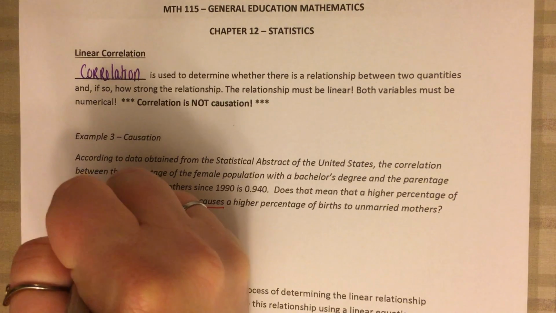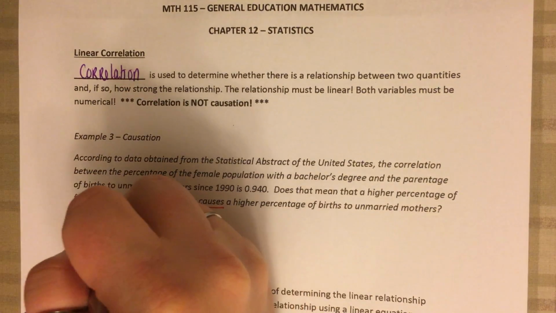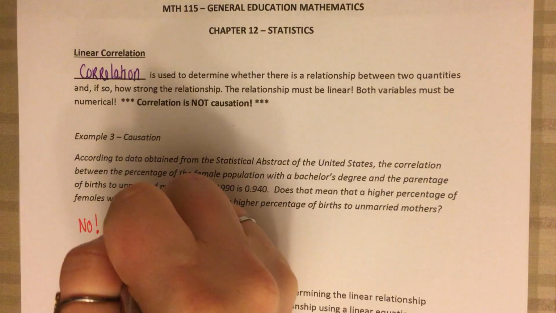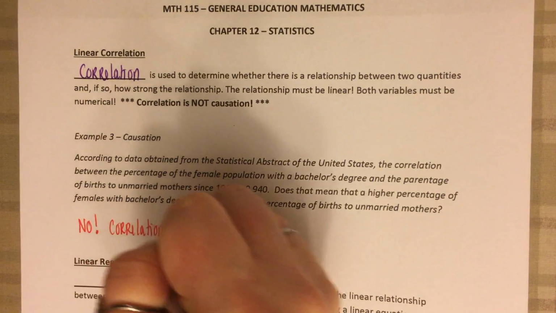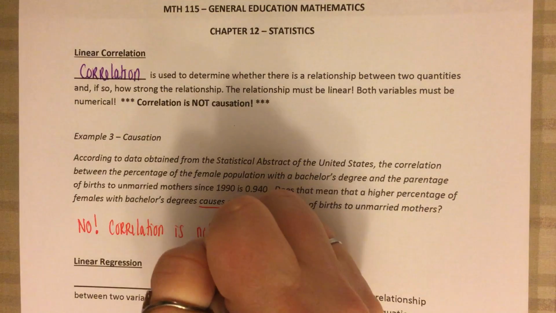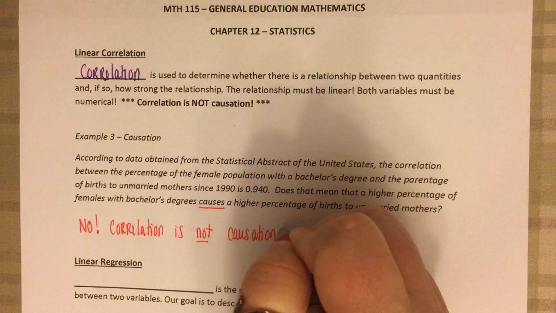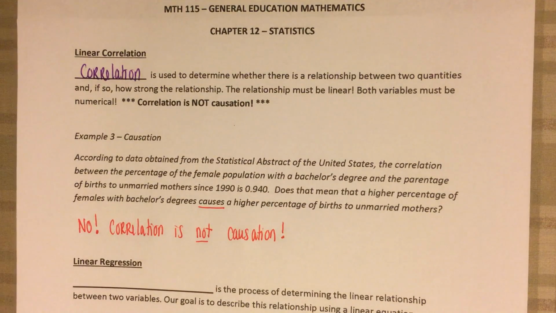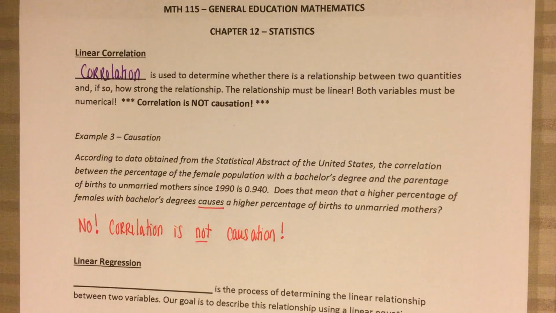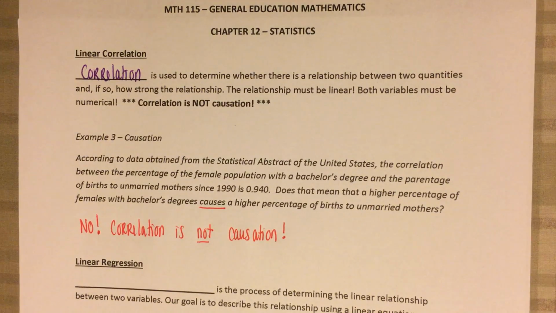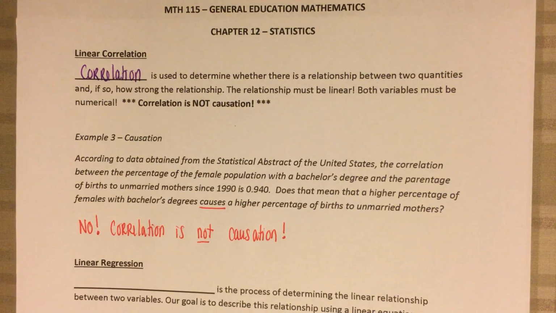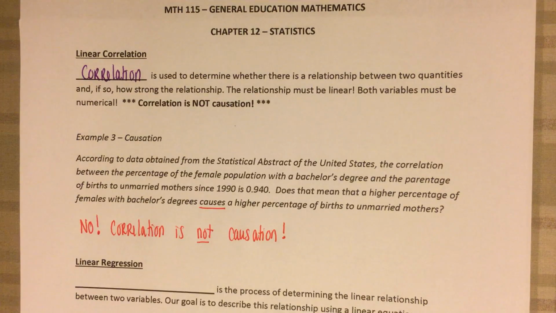Anytime we see that, we're going to say no, correlation is not causation. So certain things could be increasing or decreasing at about the same rate, but just because things are increasing or decreasing at the same rate doesn't necessarily mean that one thing causes the other to happen. Just because there's a mathematical correspondence doesn't mean that one thing causes another thing to happen.